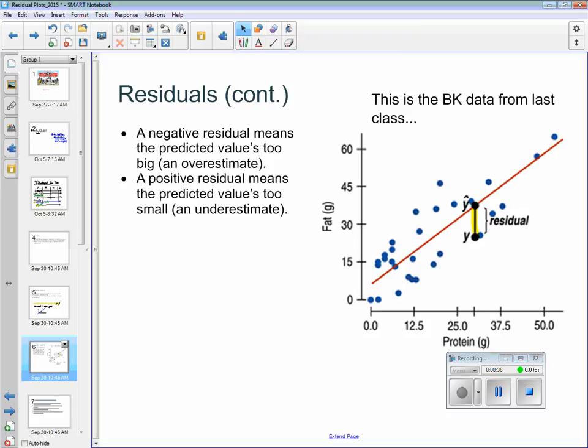So if you remember the formula, it's the observed minus the predicted. How do I find the observed values? What are they in the graph? Are they the red line or are they the blue dots? The blue dots. So the observed values are going to be given to me. In your scatter plot investigative task, the observed values are the y values that are in your data sets. So they are the given y values.